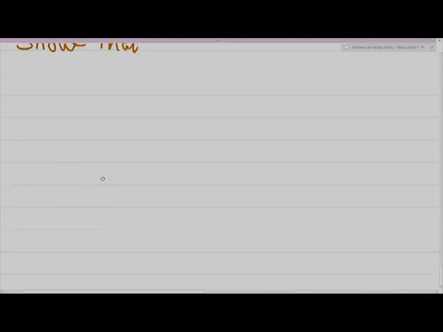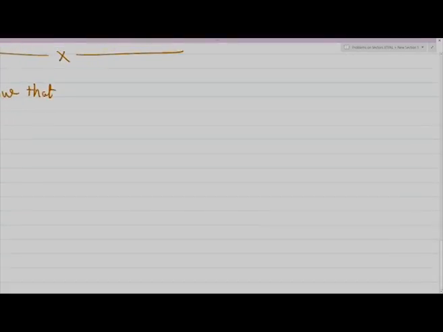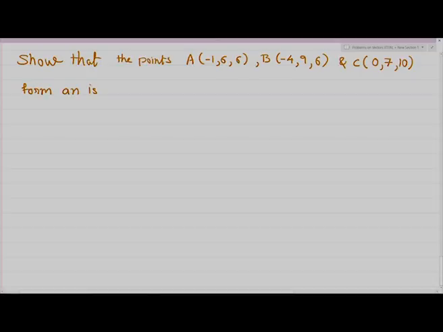So, let us say, show that points A (-1, 6, 6), B (-4, 9, 6), and C, which is (0, 7, 10), form an isosceles right angled triangle. So, you see we are switching between position vectors and points.